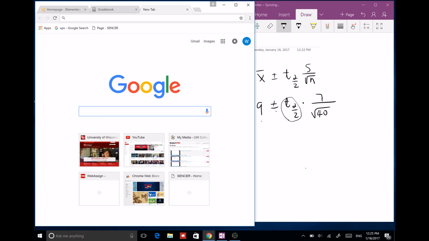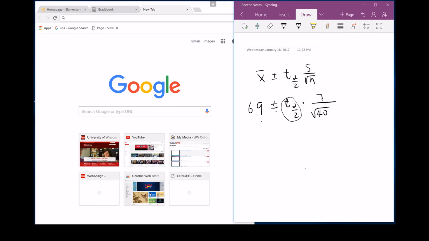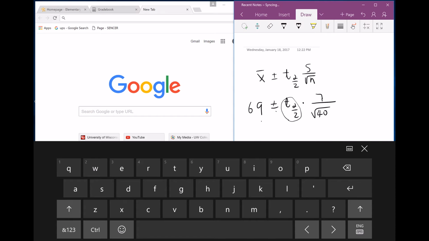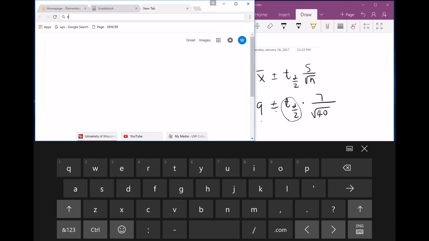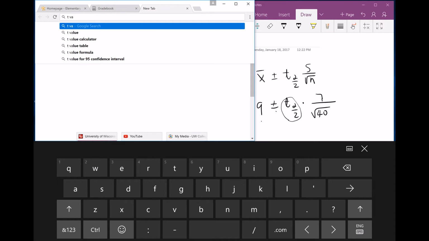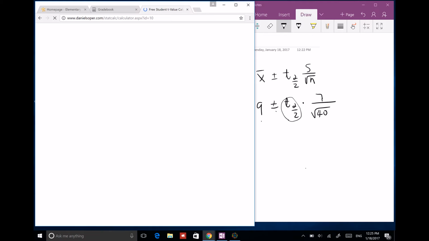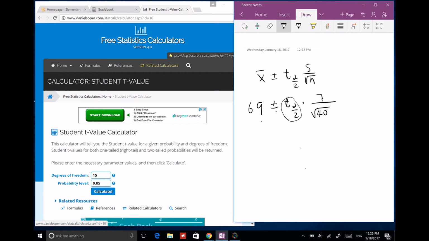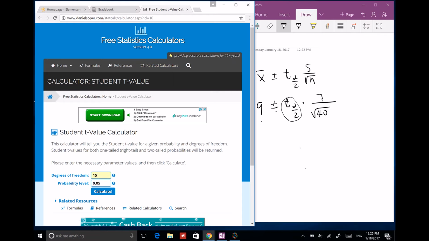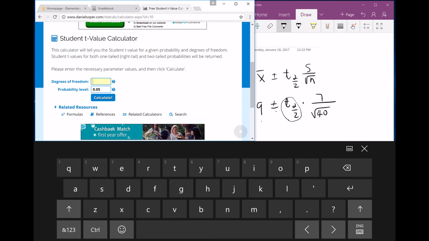So you can use a t value calculator. This is the degree of freedom. Since we have 40 samples here, the degree of freedom will be 40 minus 1, so the degree of freedom is 39.